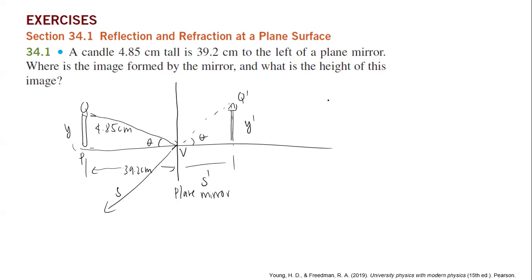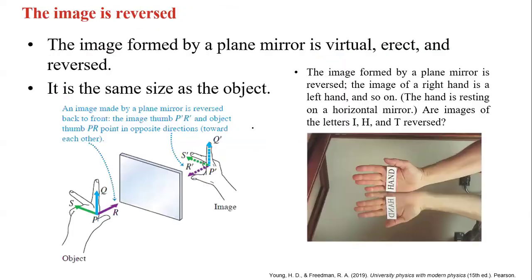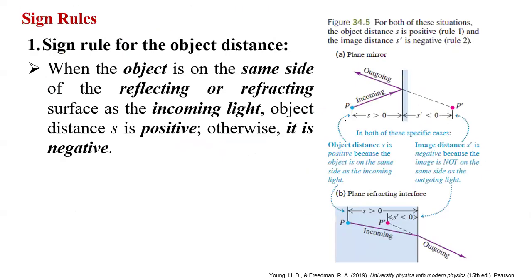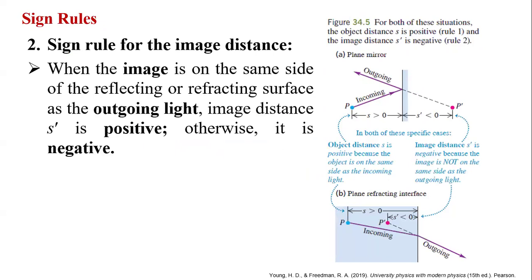For a plane mirror, the magnitude of s is equal to the magnitude of s prime. However, let's go back to sign rule number 2. For the image, when the image is on the same side of the reflecting or refracting surface as the outgoing light, the image distance is positive.